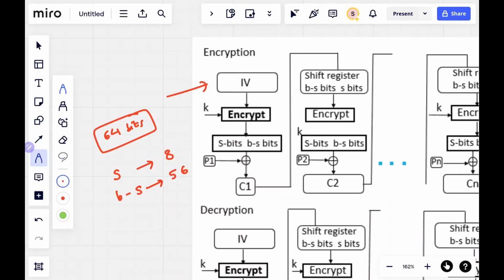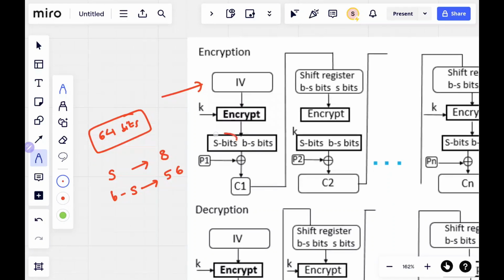After the encryption, out of those 64 bits, we assign the leftmost 8 bits as the S bits and the remaining 56 bits as the B minus S bits. These 8 S bits are XORed with 8 bits of the plain text. If we have a 64-bit plain text, we divide it into smaller fragments of 8 bits.